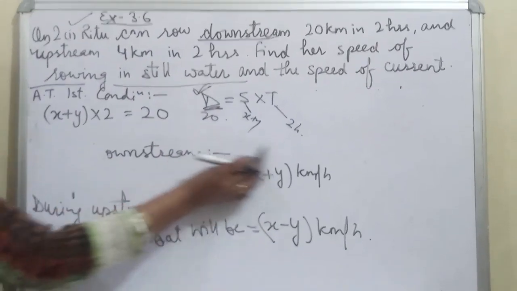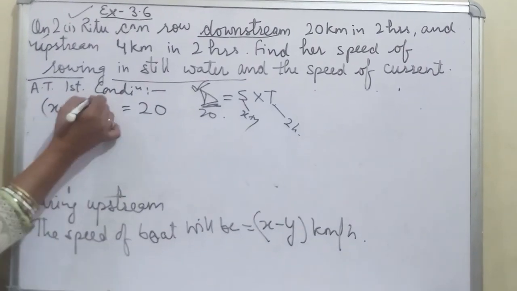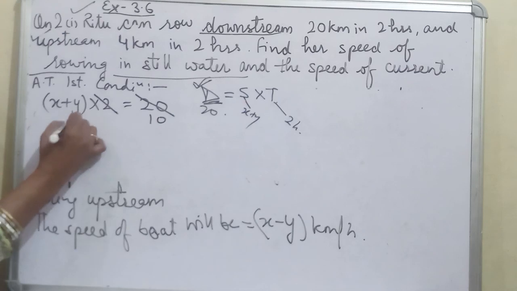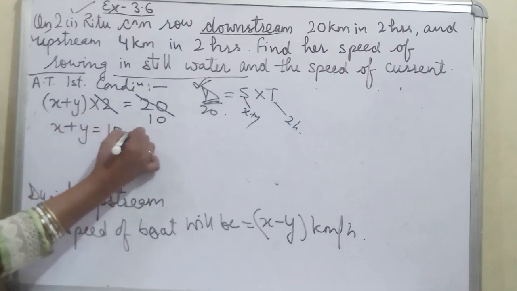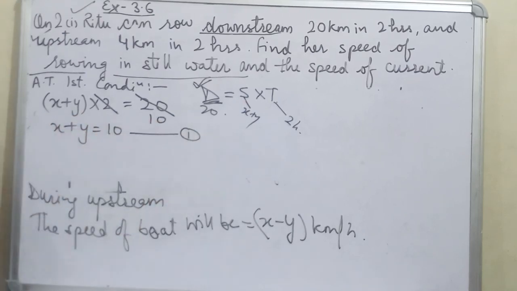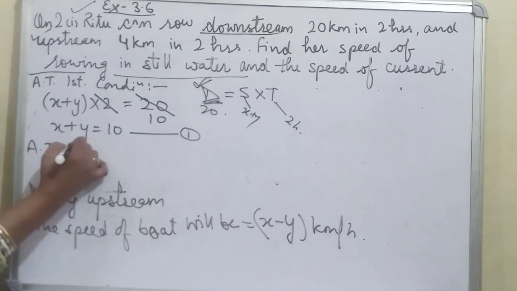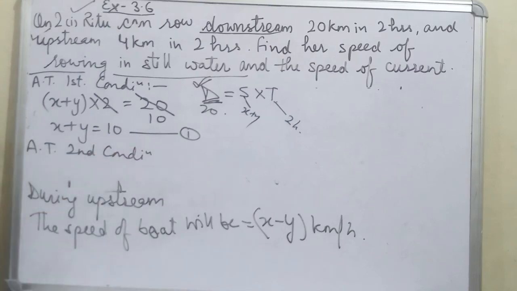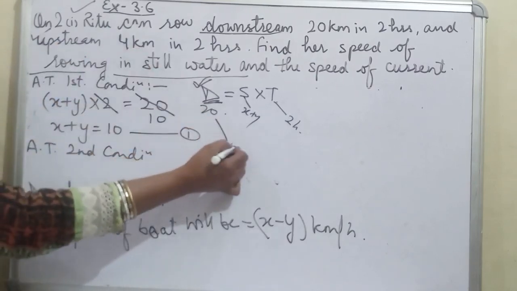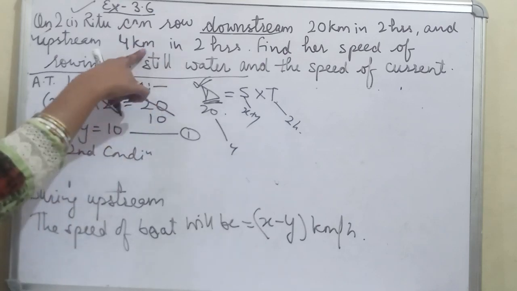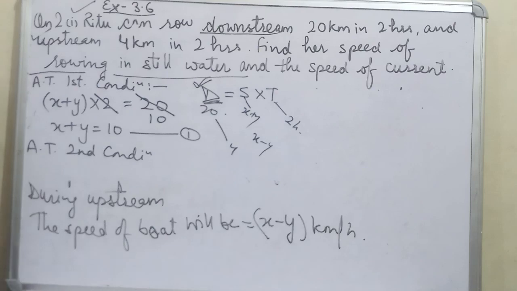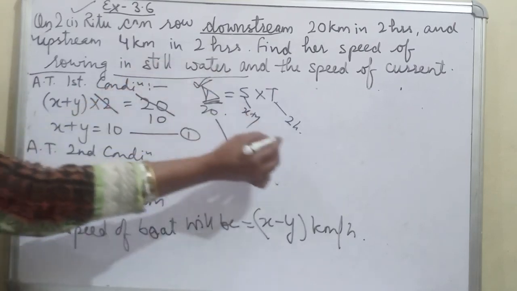Can you see anything here? Yes, we can cancel it. So this will be x plus y equals 10, and we get an easy equation. In the same way, we apply the second condition. At this time, the distance is 4, the speed in upstream is x minus y, and the time is 2 hours.